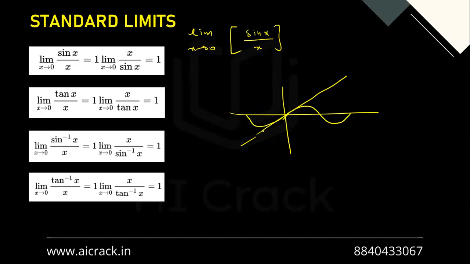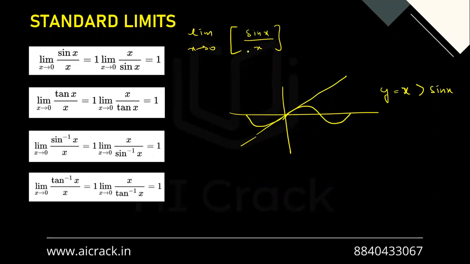At all points, from 0 to infinity or from minus infinity to 0, y equals x is greater than sin x in magnitude. So this ratio will always be less than 1.